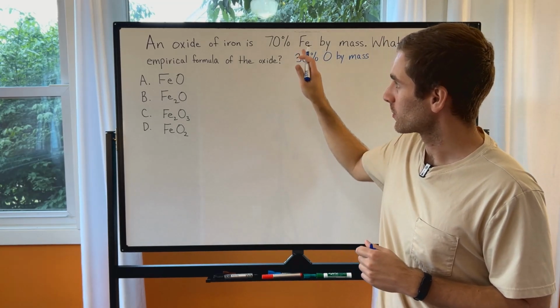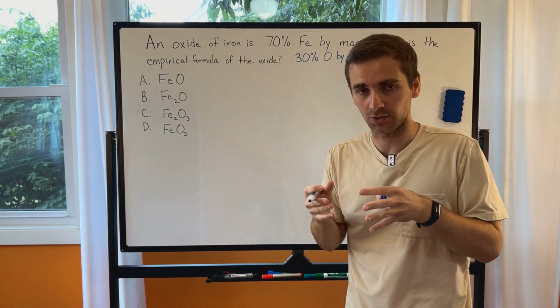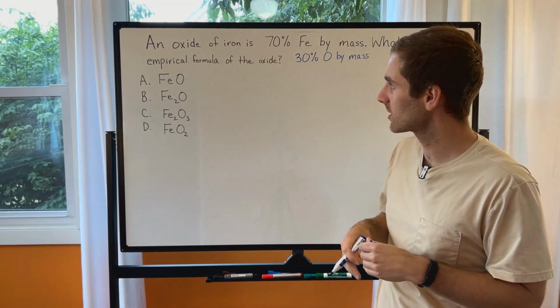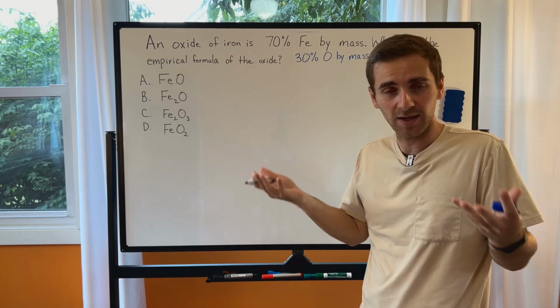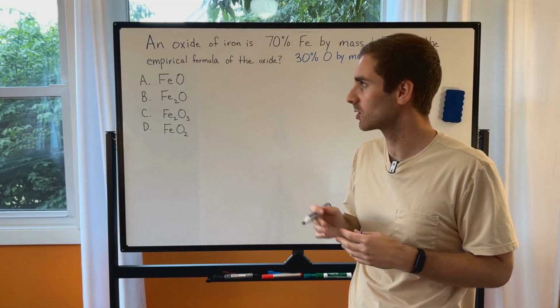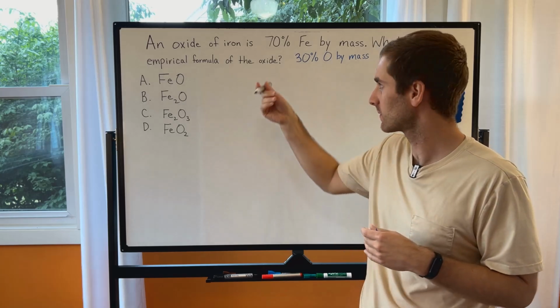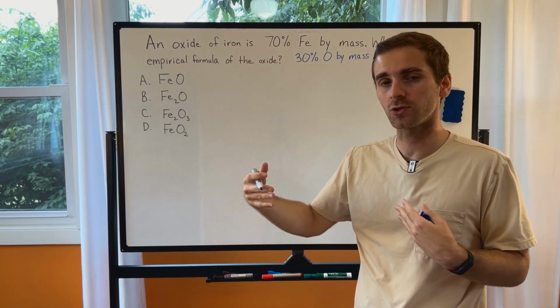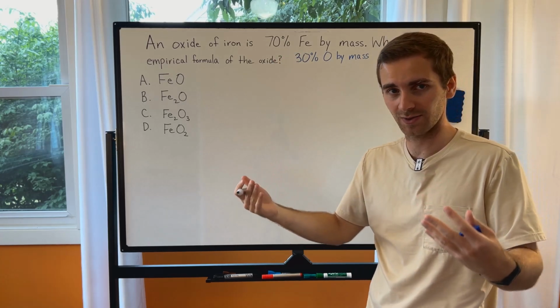Now, we don't want just the percentages, we want the actual masses in grams, but that depends on how big a sample we have. So what you should always do when finding an empirical formula, if they give you the percentages, is arbitrarily assume a 100 gram sample.